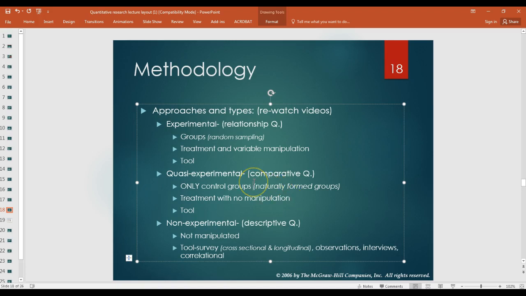Okay, so random selection, but no random assignment. That's the first difference. And the second difference is that it's only one variable and no manipulation, but there is a control group that is exposed to a treatment. Okay.